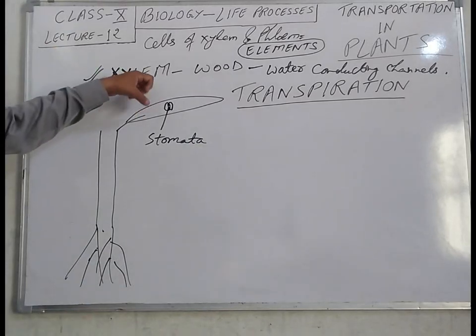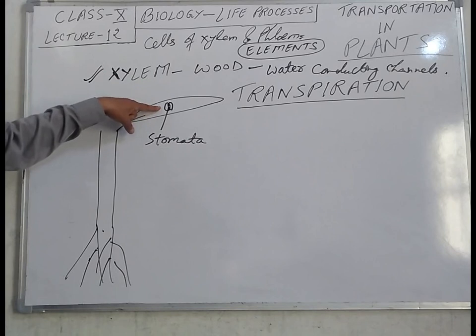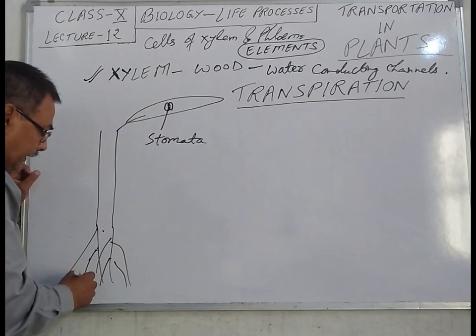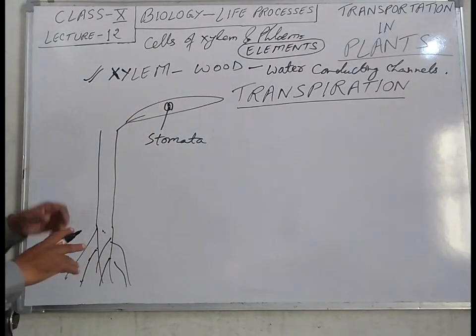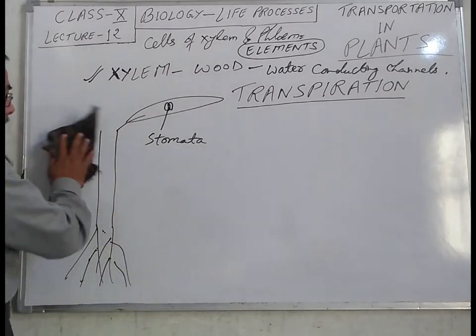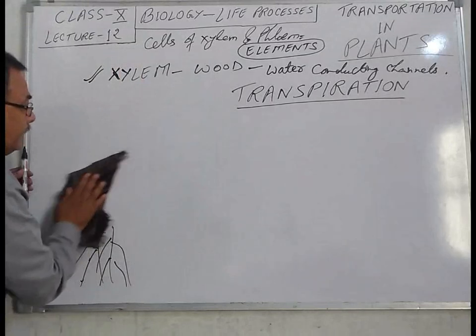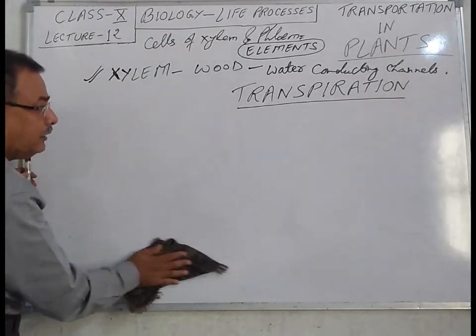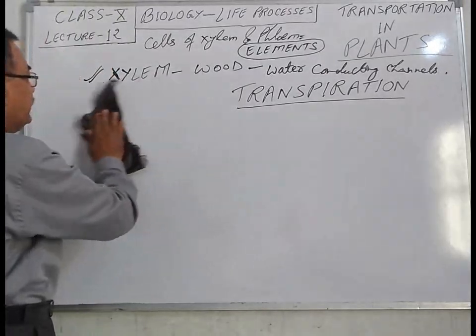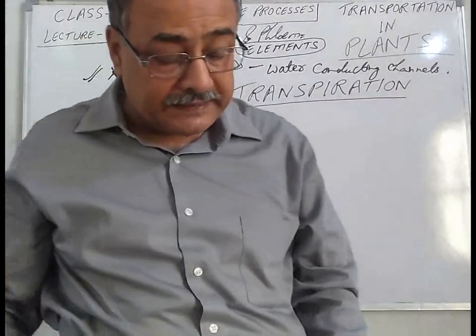Here, a suction pressure is created due to the opening of a stomata, and due to this, the water is sucked from root to stem and leaves. This proves that water is not pushed up, but it is pulled. This theory is known as transpiration pull theory. Pull means khichna.